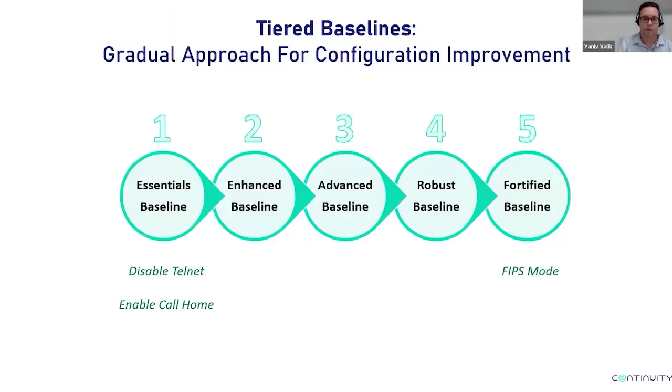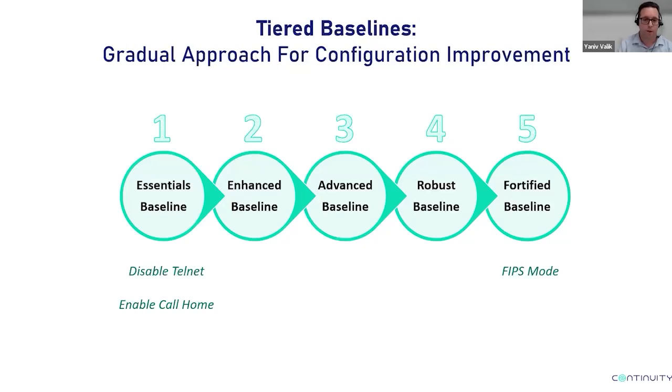When teams first tackle configuration baselines or try to improve what they already have in place, it can feel rather overwhelming, especially in large mixed environments. So rather than aiming for perfect on day one, we suggest embracing a tiered approach where you build progressive or incremental baselines, each adding a bit more control and a bit more maturity.